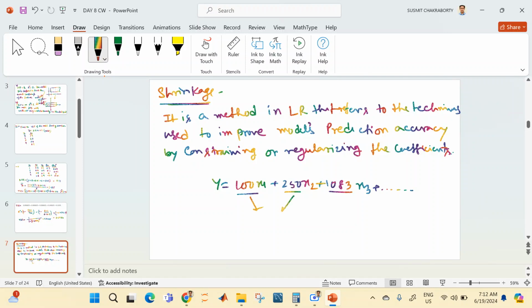So these are the beta, right? It is very high beta. So this beta should be reduced. So how to reduce? There are two shrinkage methods.